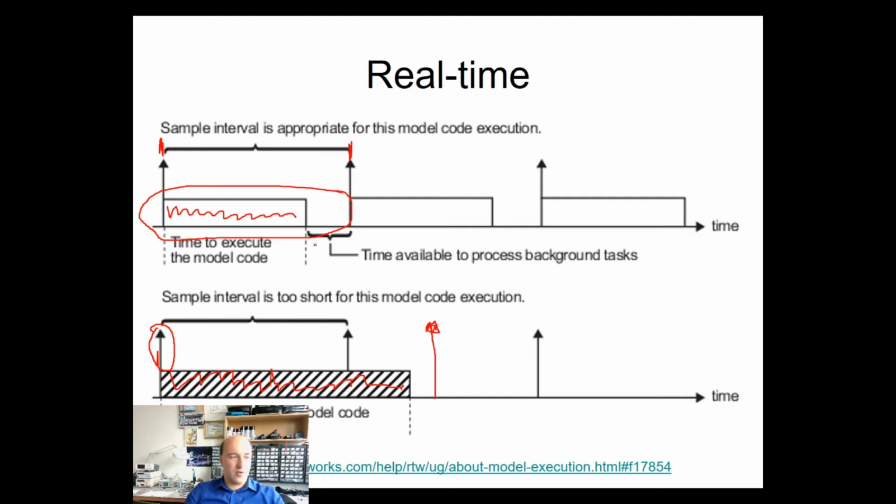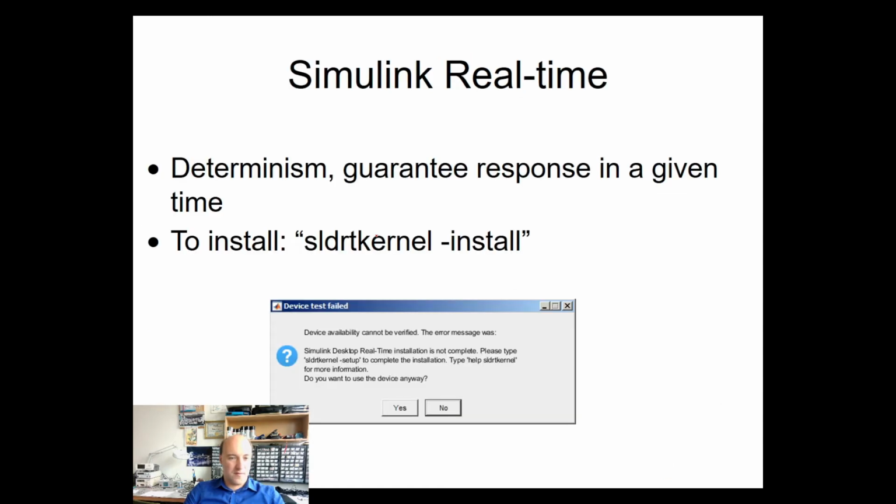So real-time code is suitable for control systems where you have deterministic behavior. And determinism means that you can tell in advance what the sample rate of your code will be. So in advance you are sure that you will obtain some sampling time.